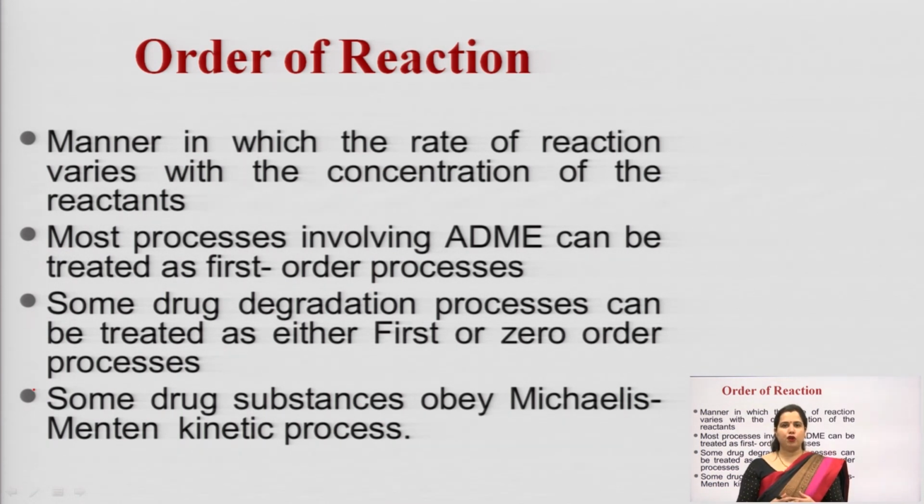When we correlate biopharmaceutics and pharmacokinetic parameters with drug performance, we generally say that the drug is following linear or non-linear kinetics. The Michaelis-Menten equation represents the non-linear kinetics of a drug following that process.